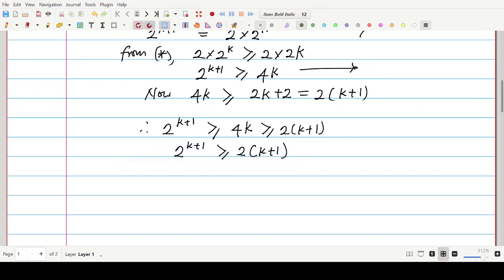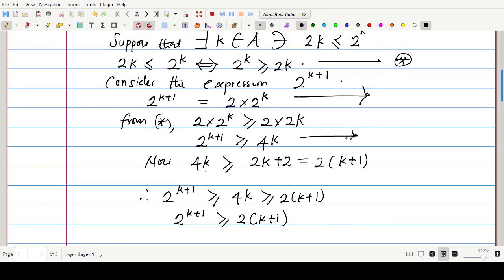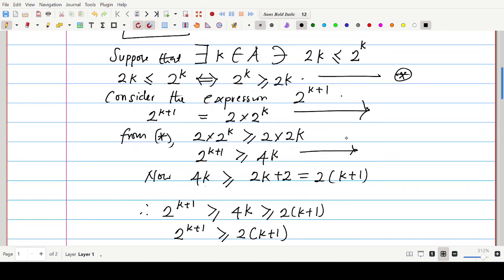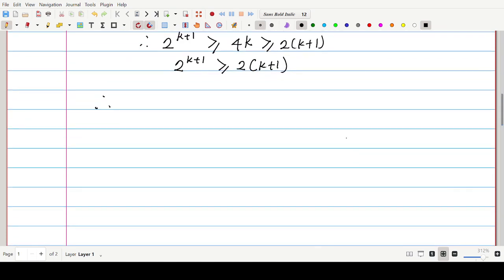So I can say therefore the hypothesis, which is here again, 2 to the power k bigger than or equal to 2k, implies that 2 to the power k plus 1 is bigger than or equal to 2k plus 2.